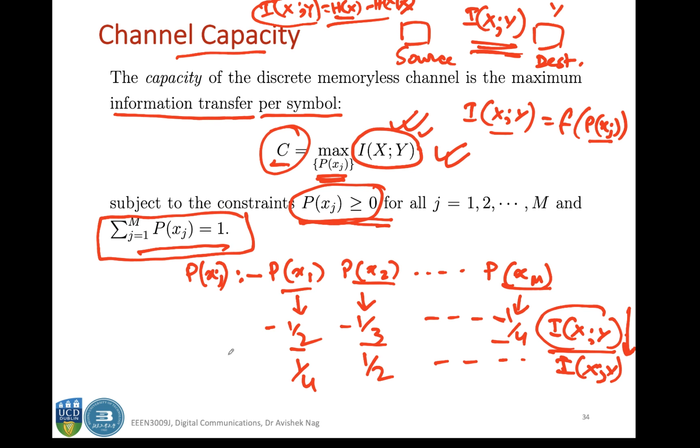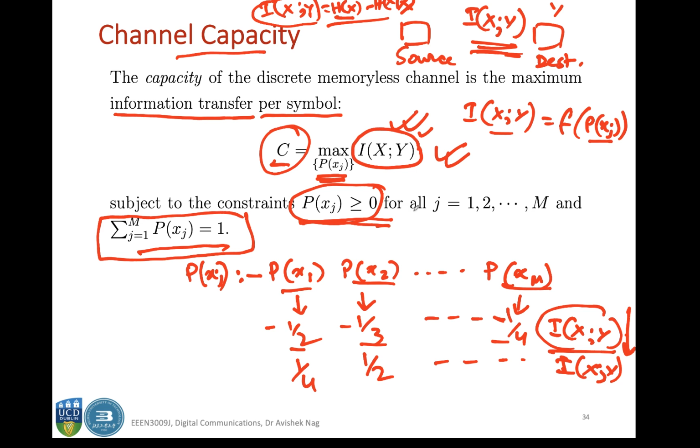So whenever you choose the values of p of xj's to maximize this quantity I of x semicolon y, the mutual information, you have to ensure that they are either 0 or higher and the total sum is equal to 1.